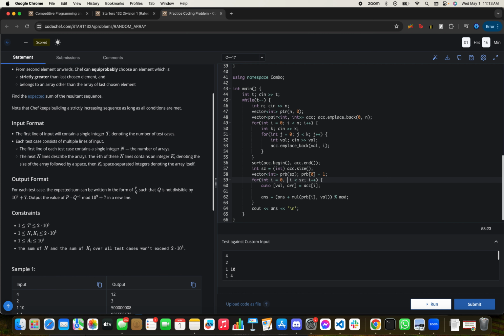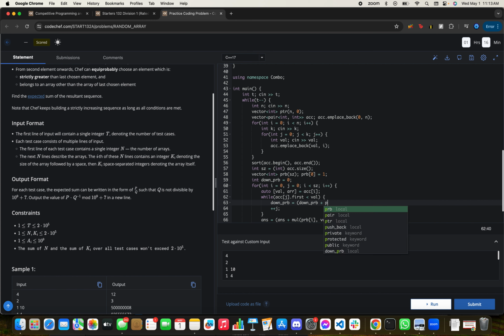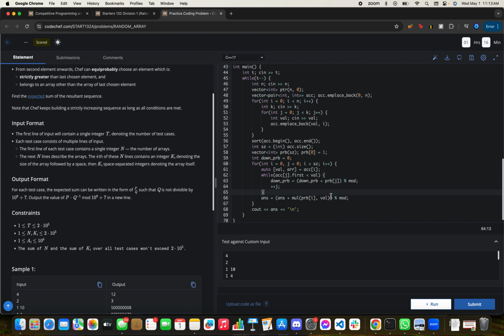Just going to make a down pointer, right? So while I guess ac j dot first is less than val, down prb is equal to down prb plus prb. All right. Like I said, to store individual downs also, right?